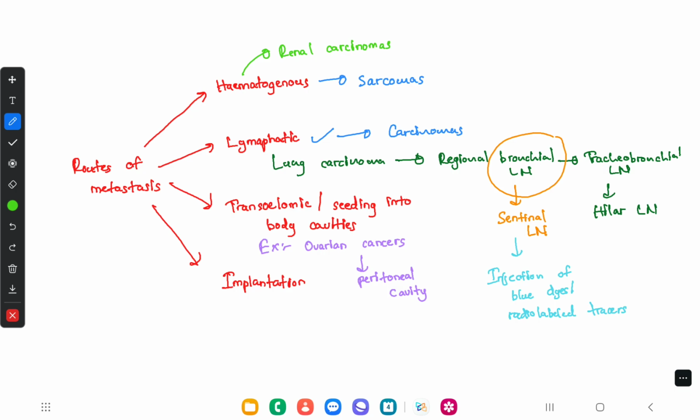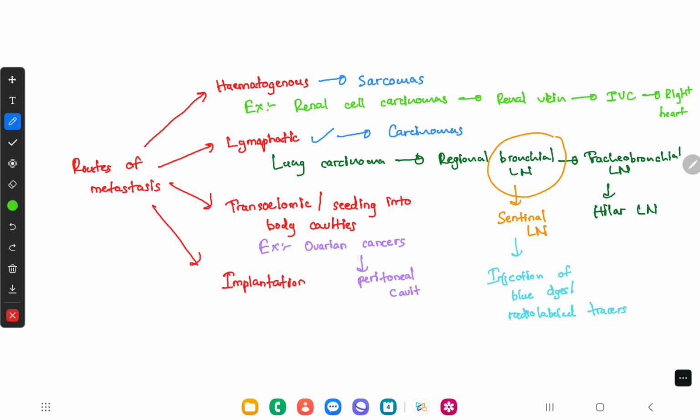Sometimes they can even reach the right side of the heart through this hematogenous spread. Also, hepatocellular carcinomas can penetrate along the portal venous circulation, into the hepatic circulation and then into the inferior vena cava. Finally, implantation occurs by accidental spillage of tumor cells.